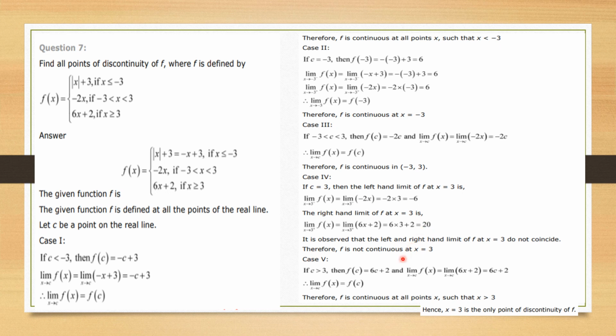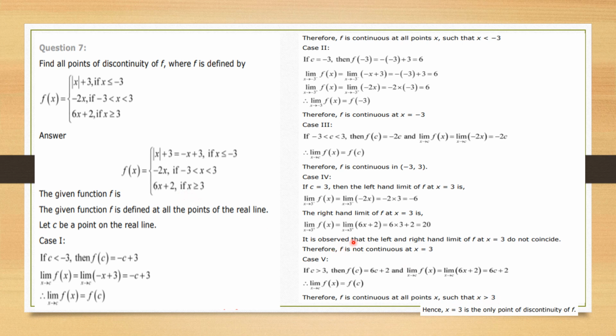Again I'll check it for x greater than 3. For x greater than 3 there is a single defining, that is 6x plus 2. Since it is a single defining, I'll just check the right hand limit. So f(c) is 6c plus 2, and limit x up to c, f(x) is 6c plus 2. Both are the same, so the function is continuous at all points x such that x is greater than 3.